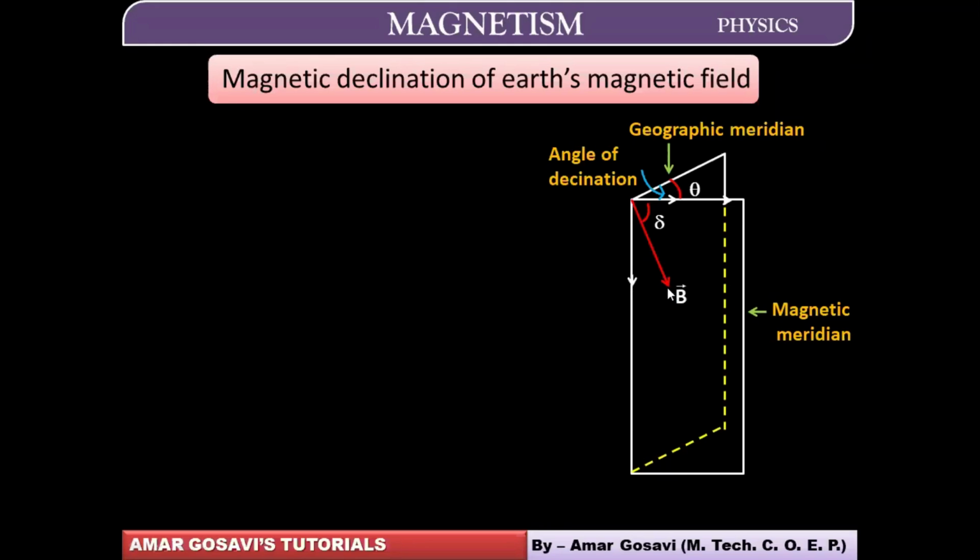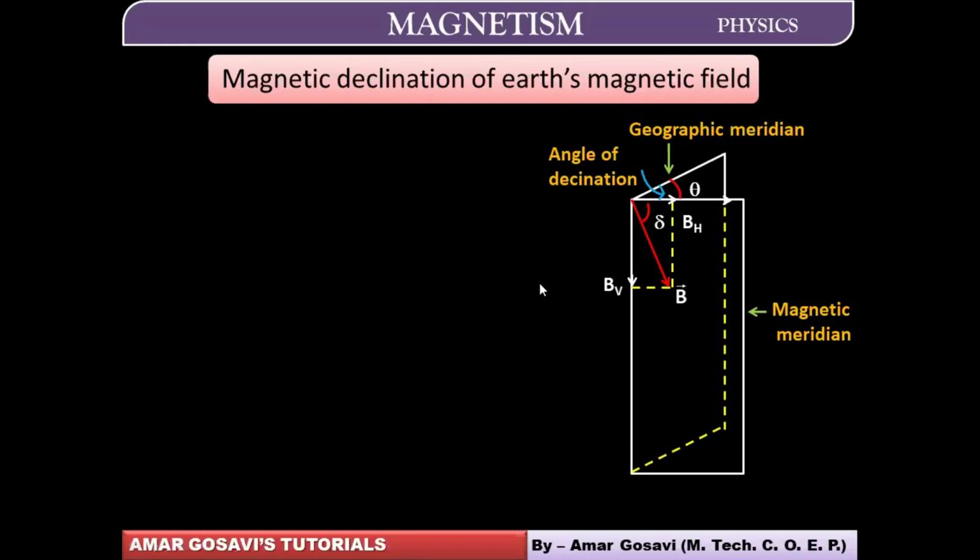Earth's magnetic field can then be split into two parts: V_H, which stands for the horizontal component, and V_V, which stands for the vertical component of Earth's magnetic field.